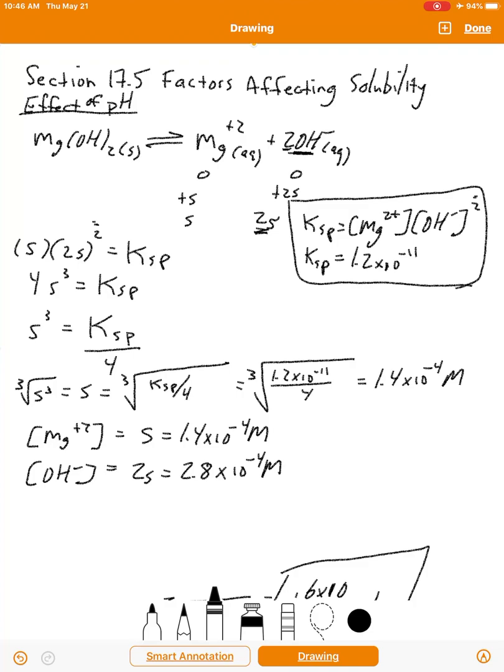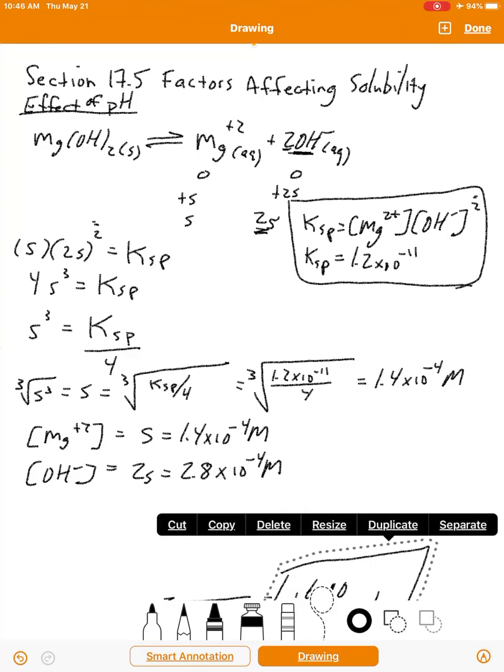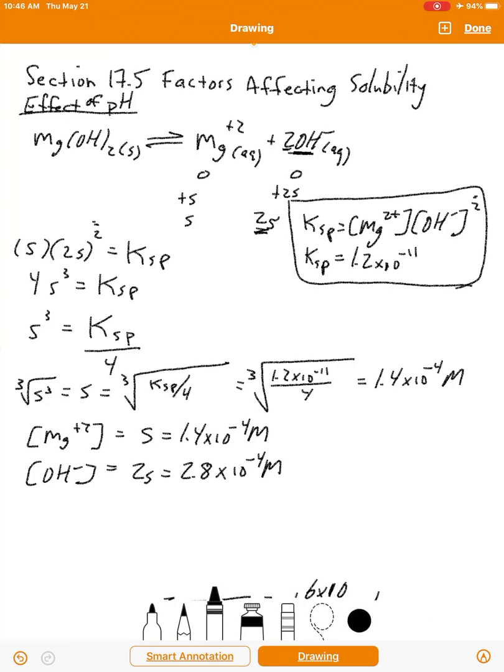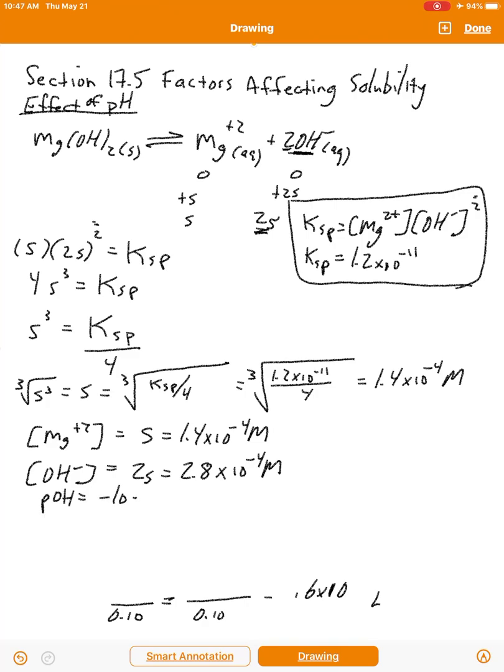So since we know the hydroxide concentration, we could calculate the pOH: minus log of the hydroxide concentration, minus log 2.8 times 10 to the minus 4. So let's figure that out.